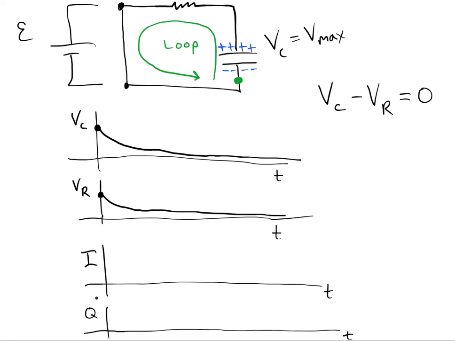Well, the current in the resistor will be given by I equals delta V over R. The resistance of the resistor won't change, but the voltage in that resistor will change according to the graph above. So it will actually start up high and then decay to 0 as well.